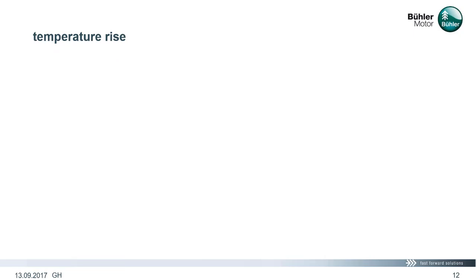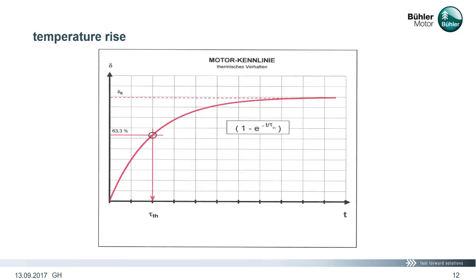The temperature rise in the motor follows an exponential function as shown here. The diagram shows time on the x-axis and temperature on the y-axis. The formula for the temperature rise is 1 minus e to the power of minus t divided by tau Th.